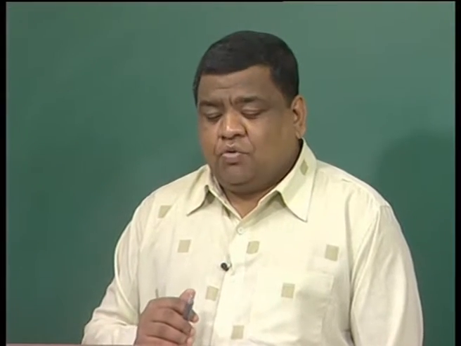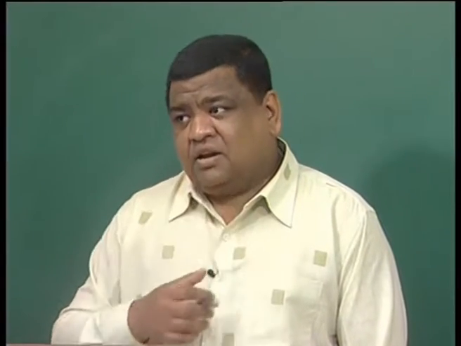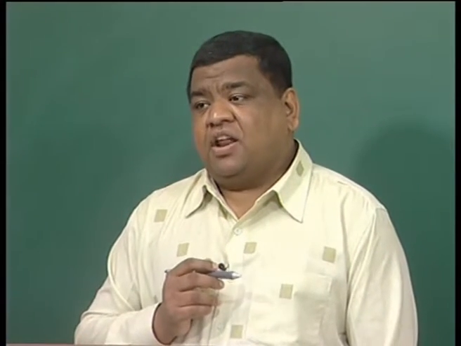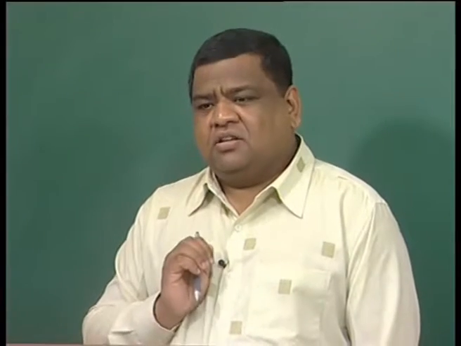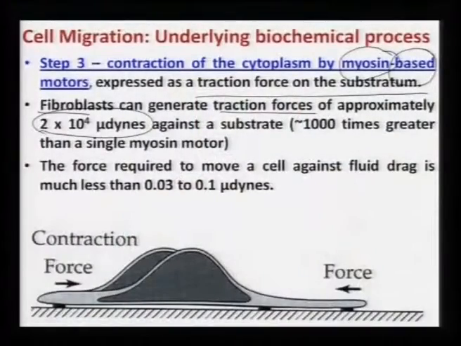Dyne means gram per centimeter square, so 2 into 10 to the power minus 2 dyne means 0.02 gram per centimeter square. So, you can understand what a small amount of force you require to move a cell on the substrate. And the force required to move a cell against a fluid drag is much less.